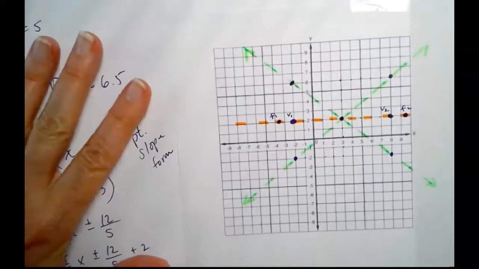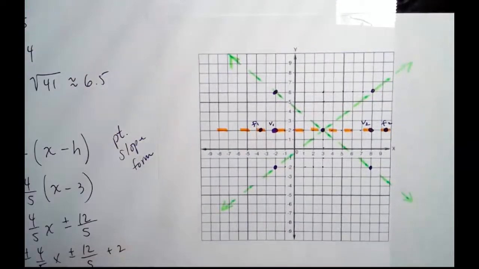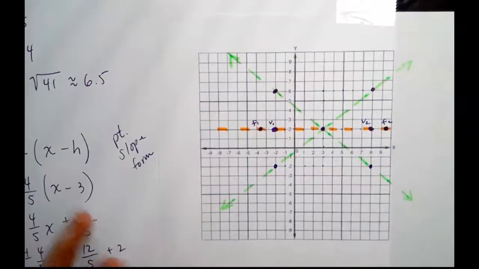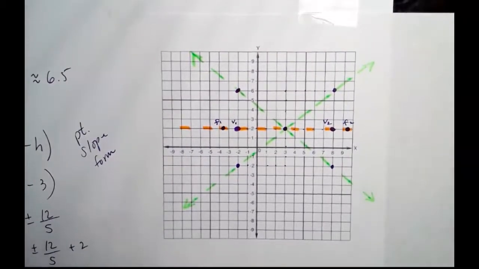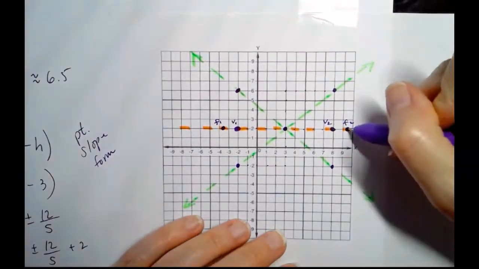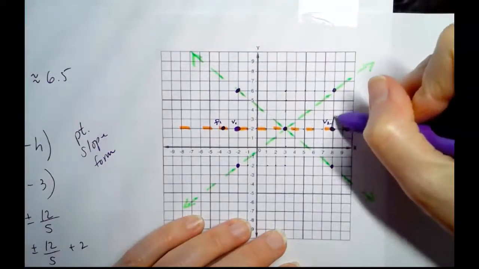Okay, so once we've got our asymptotes drawn in, the branches are quite simple, because if you understand what asymptotes are, they're creating graphical limits for the two branches. So basically, don't start at the focus, start at the vertex.